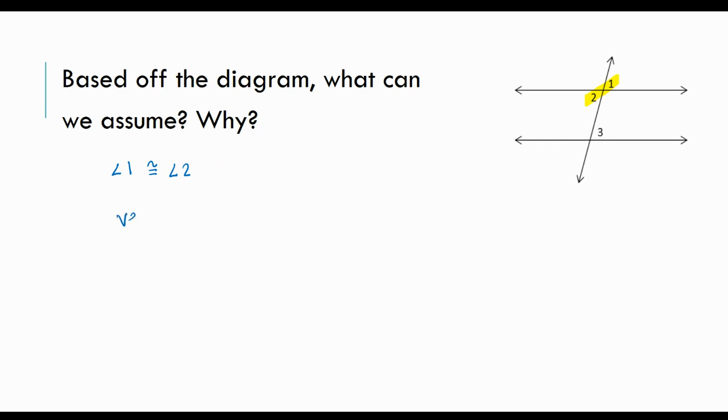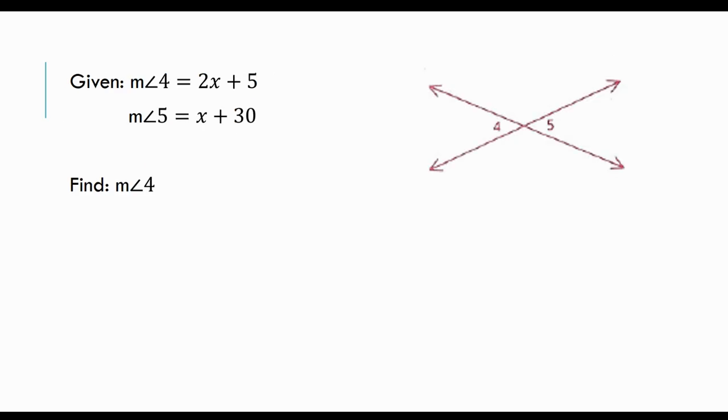And this is because vertical angles are congruent. Okay, so that's my justification as to why I'm able to say that those two are congruent, even though I don't have anything marked as such. Okay, as long as they share the same endpoint, are directly across from each other. Notice that the sides that made up those angles are opposite rays, but vertical angles are congruent.